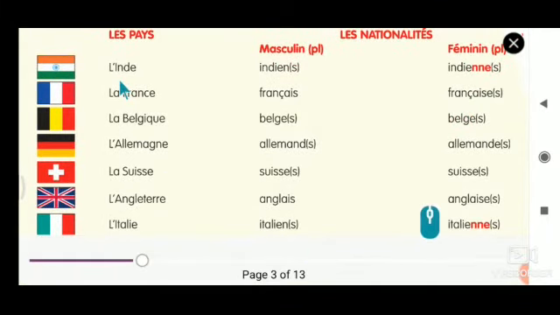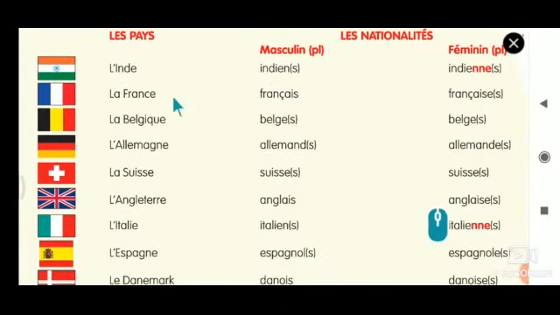The second type which I explained on the board is La France, Français, Française. Whatever is plural, you have to add S. In case it is already ending in S here, no need to add S. La Belgique, Belge, Belge. Please repeat. L'Allemagne, Allemand, Allemande.